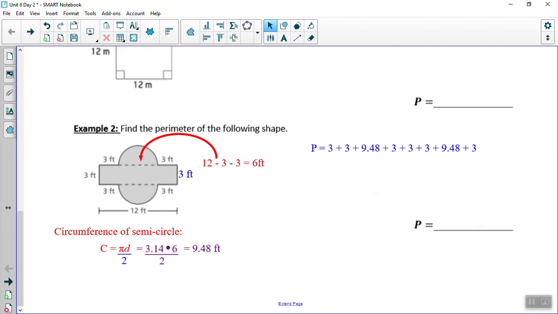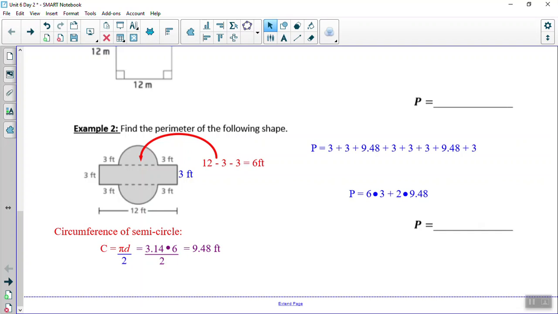So I can do 6 times 3, because I have 6 of them, and then add that to 2 times 9.48, since there are 2 of those. So I had 6 sides that were 3 feet long each, and 2 sides that were 9.48 feet long. We do that math, and we end up with 37.6 feet.